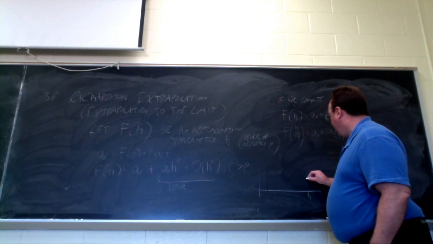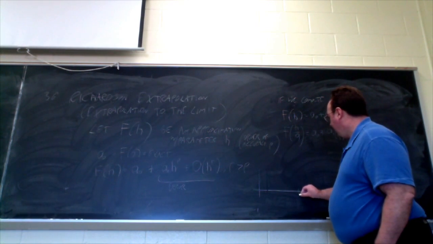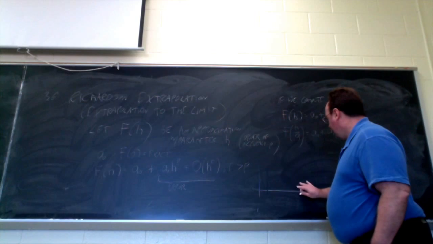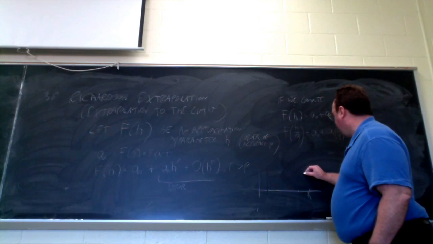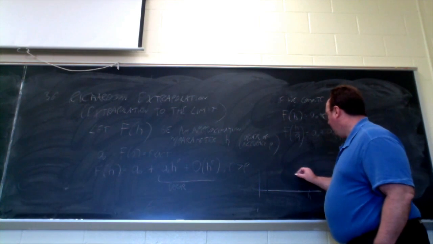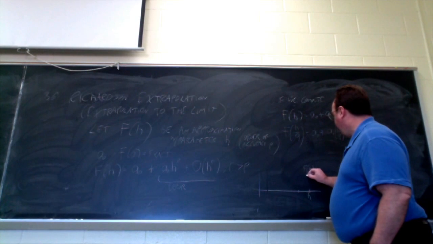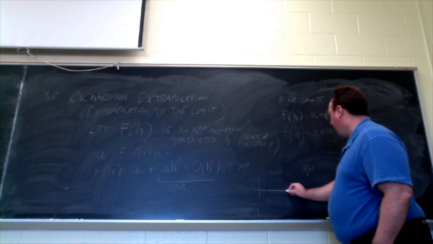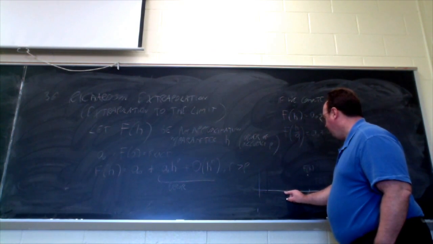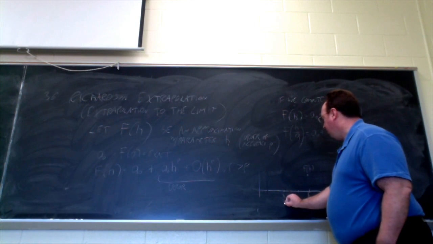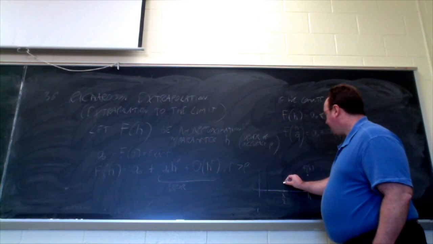So here's your spacing h. You can go ahead and compute an approximation that's up here, f of h. And then you cut the spacing, say, by a factor of 2. So here's h over 2. And we have a second approximation.